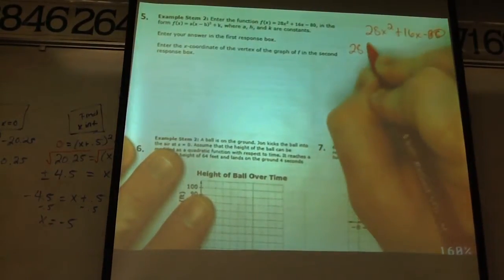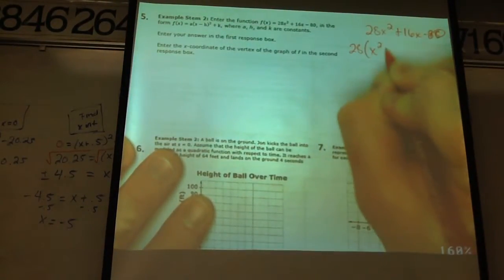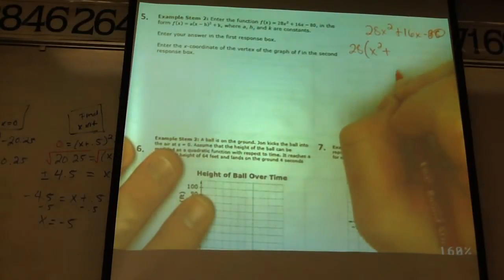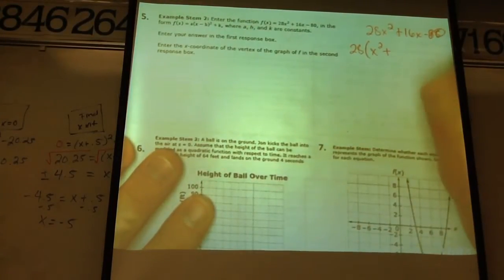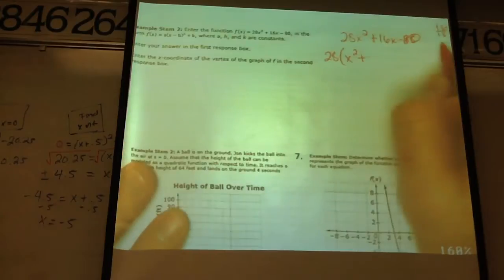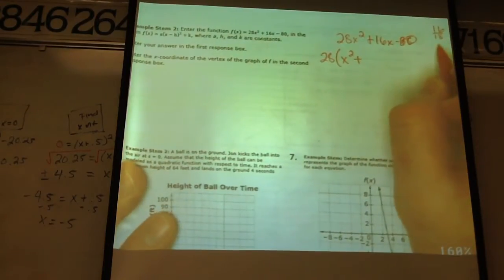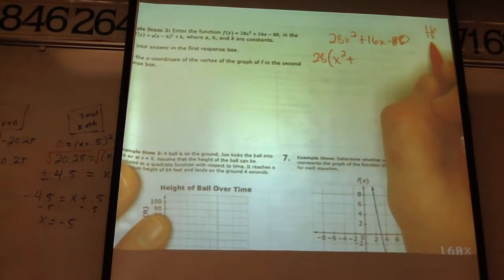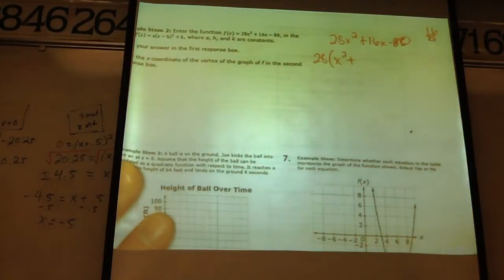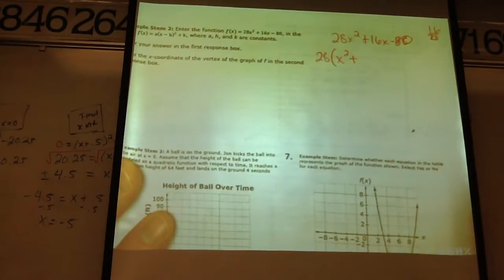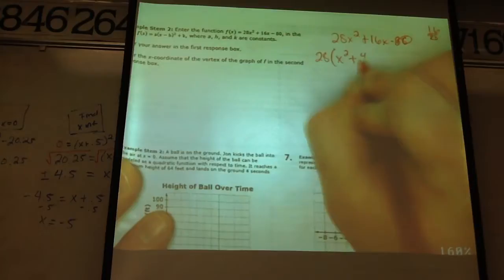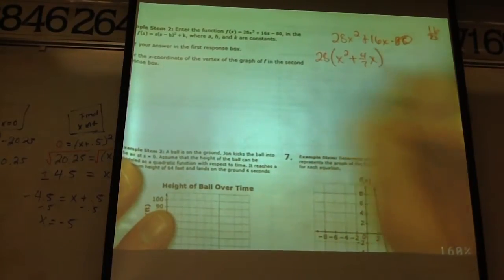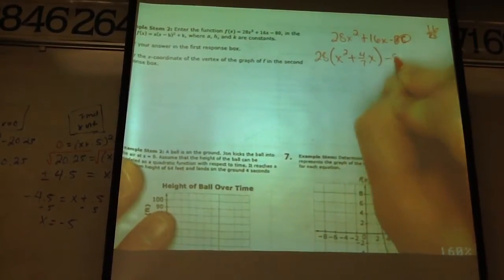28, pull it out. x squared plus 16/28. I was going to reduce it to 4 sevenths. No, 28s, not 18s. 4 goes into both, yeah, 4 sevenths. You're right. Minus 80.